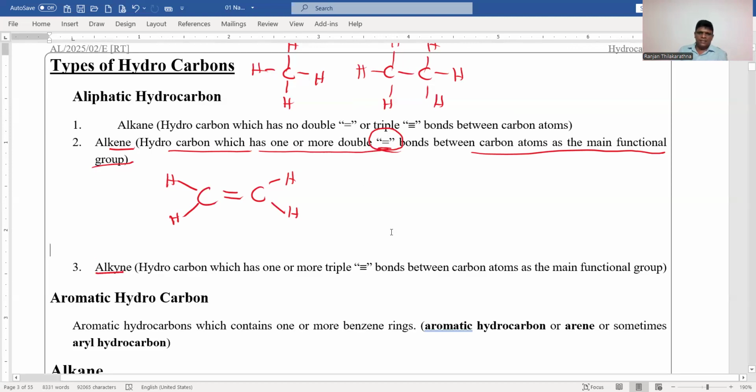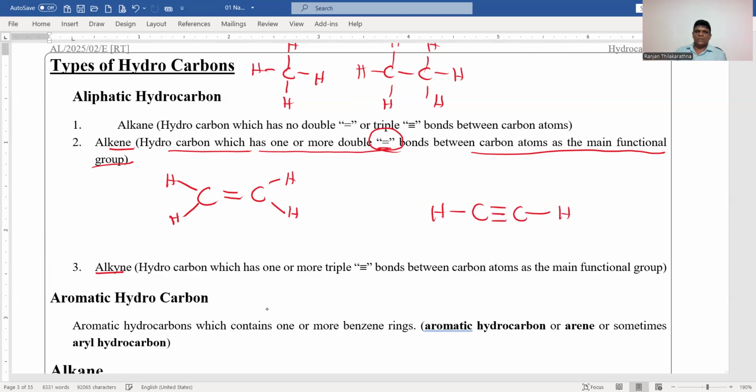And the simplest alkyne is ethyne. Ethyne is this. It has a triple bond. So an alkyne is a hydrocarbon which has one or more triple bonds between carbon atoms as the main functional group.